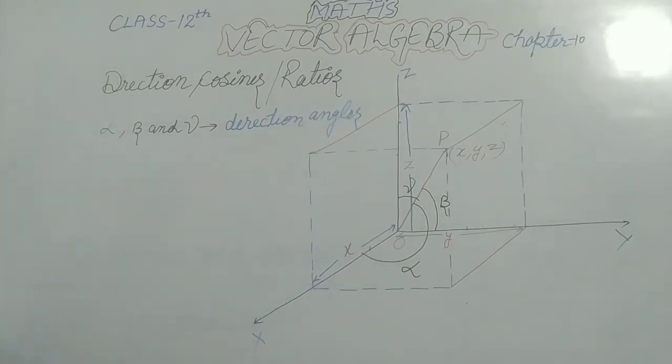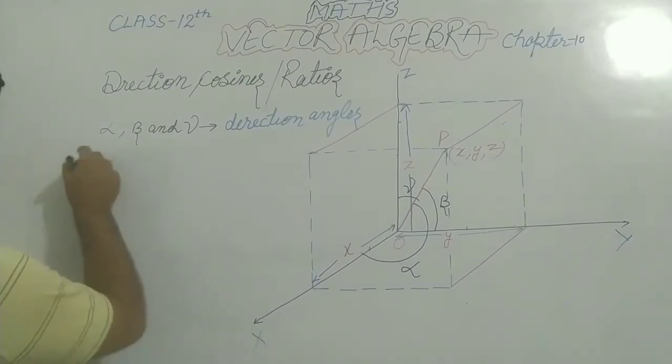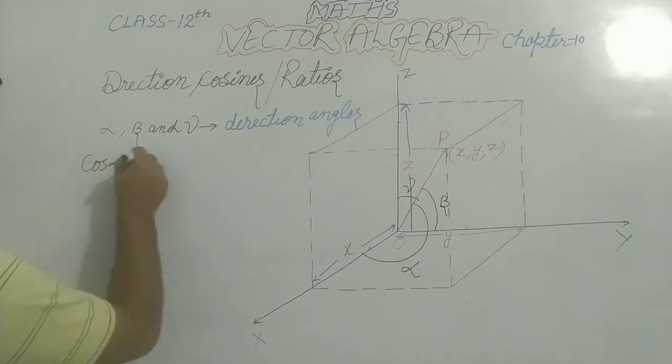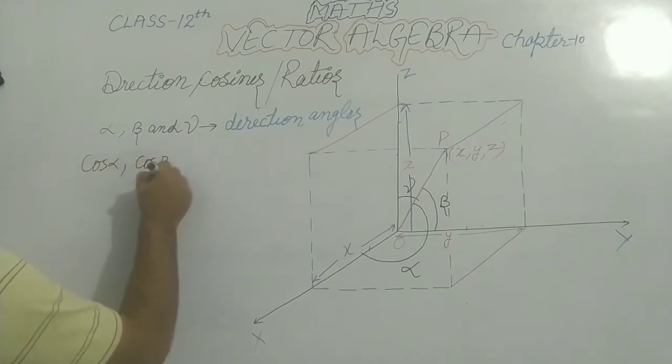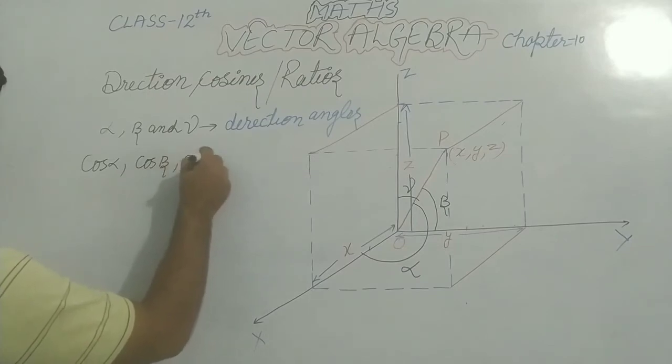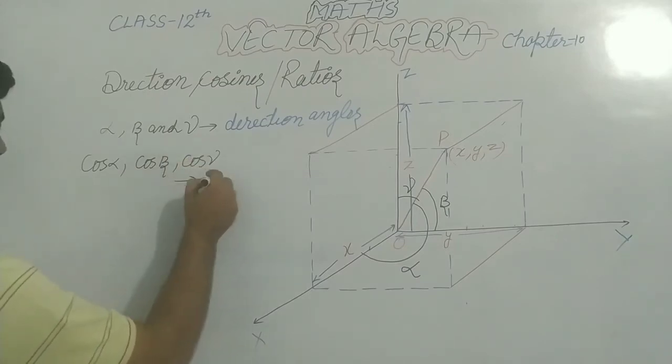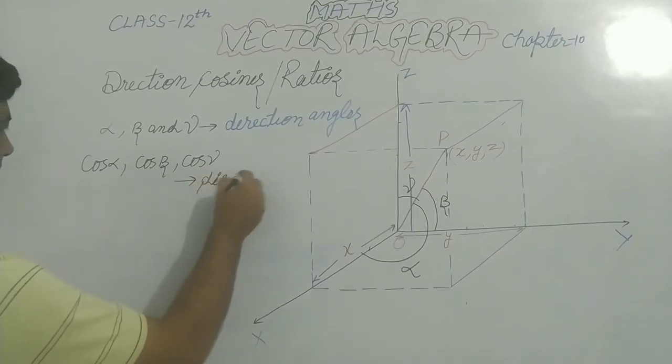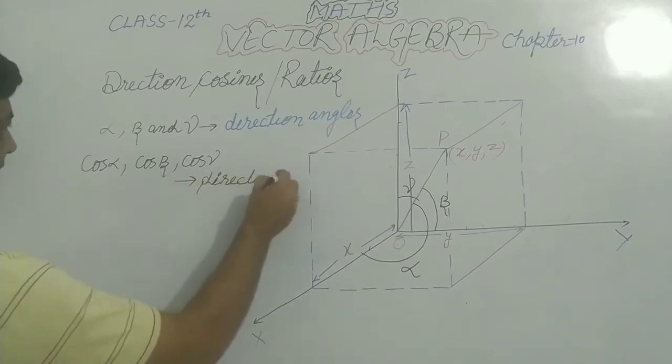And the cosines of these angles are known as direction cosines.